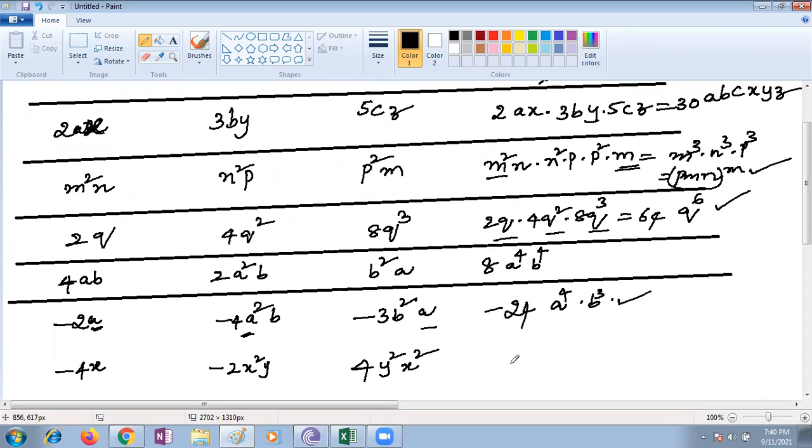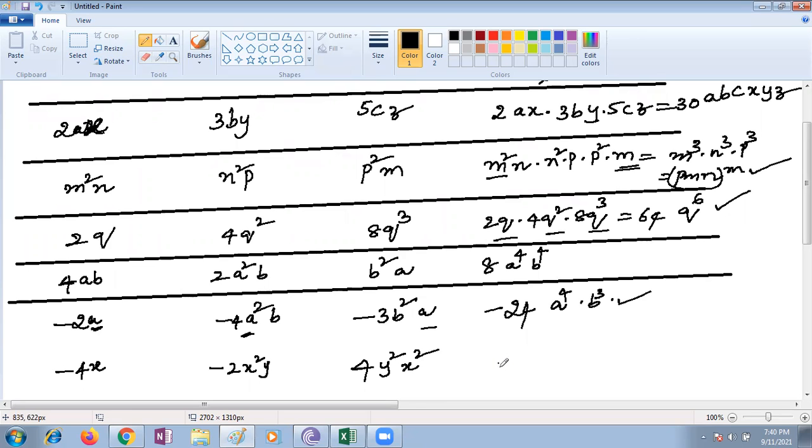Ma'am, minus 32. Is it minus? Abhinav, is it minus or plus? Ma'am, that will be plus. Wait, let him think and give the answer. He is anyway giving the number correct.